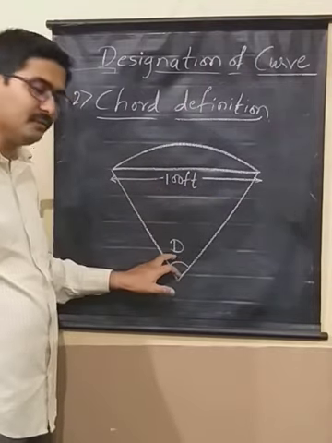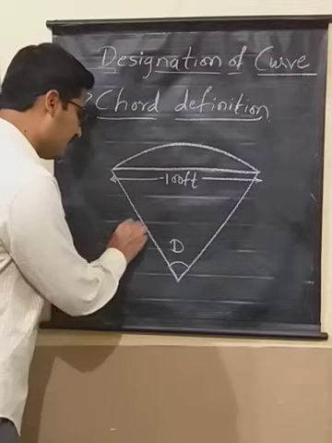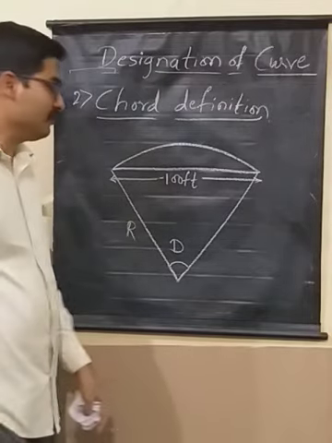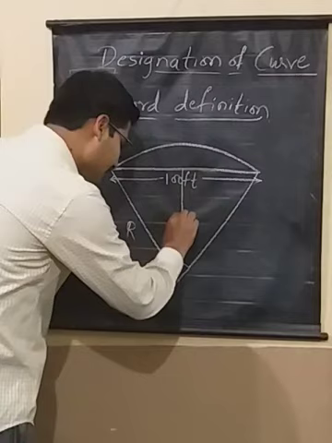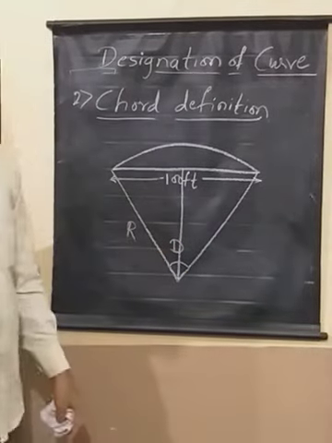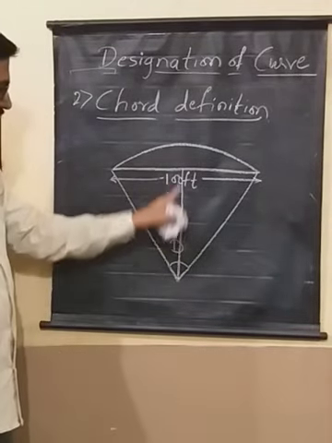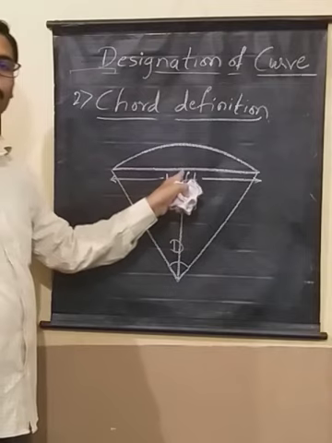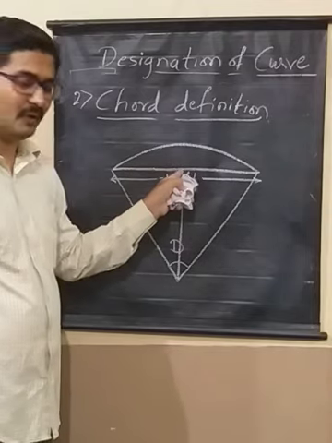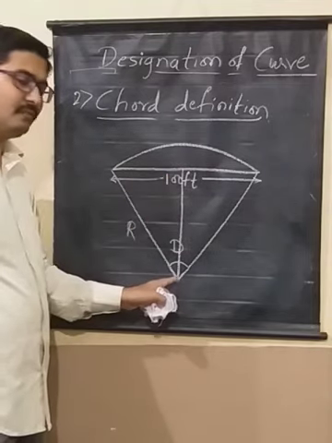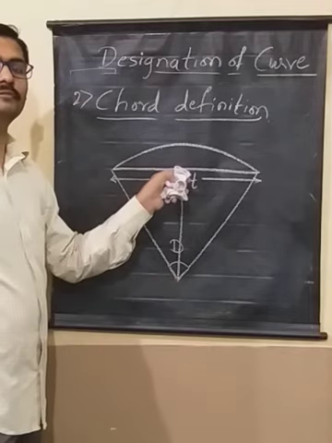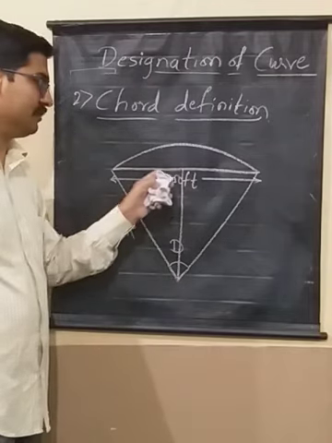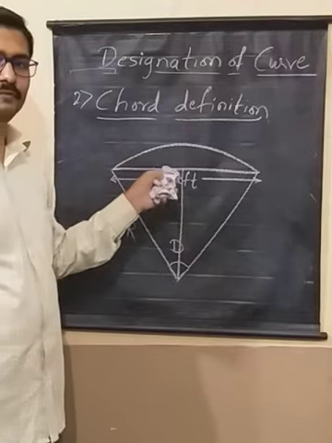Now if I have to get the relation between this degree of curve and radius, I have to make use of the fact that a perpendicular drawn from the center to the chord will bisect the chord. This is the theorem you have studied in your school days for circles.